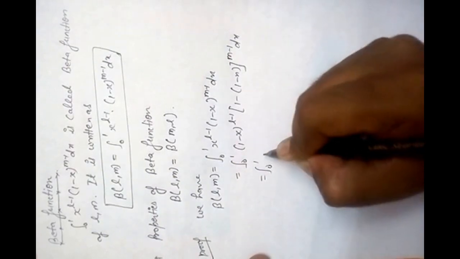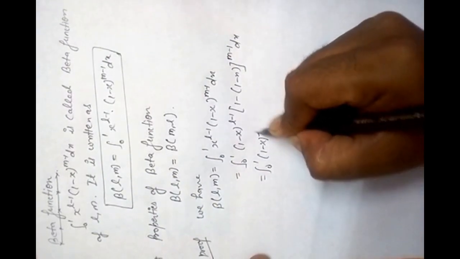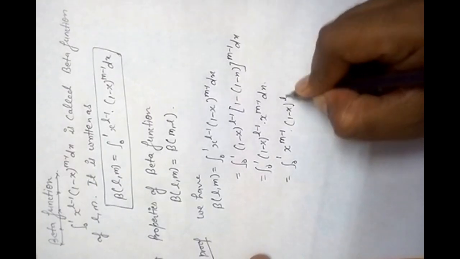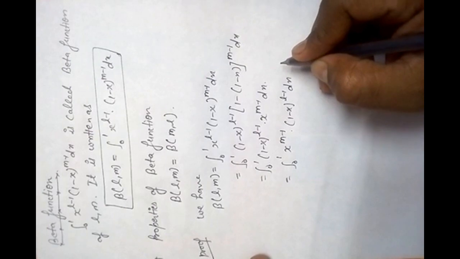So integral 0 to 1 of 1 minus x power L minus 1 and x power M minus 1 dx. So integral 0 to 1 x power M minus 1 times 1 minus x power L minus 1 dx, which is equal to beta M comma L, beta L comma M.